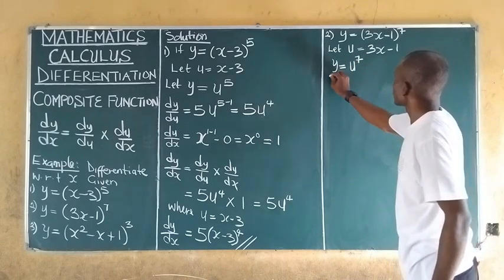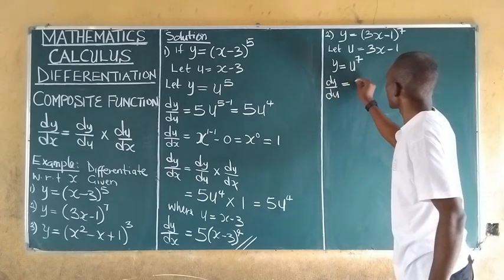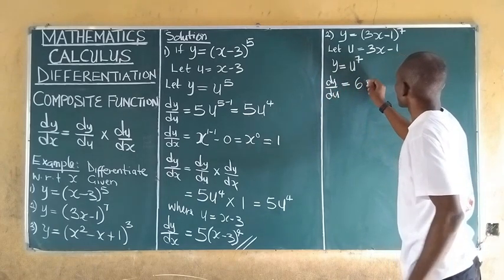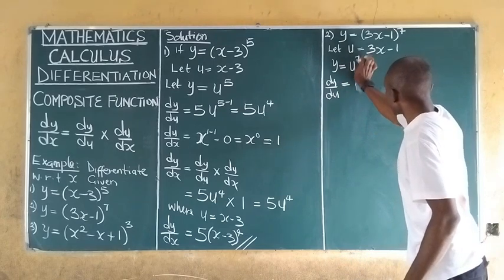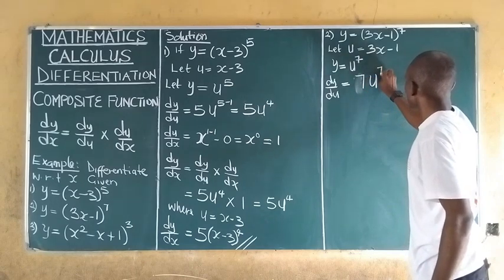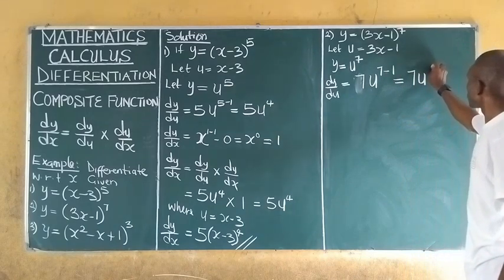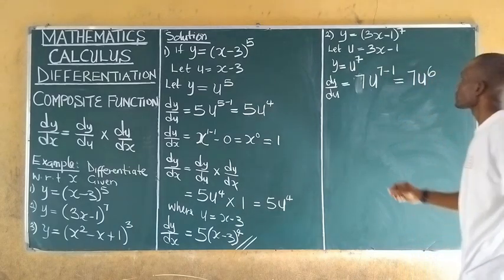So all we need to do is dy/du, which will give us 7u raised to the power of 7 minus 1, which is 7u raised to the power of 6.